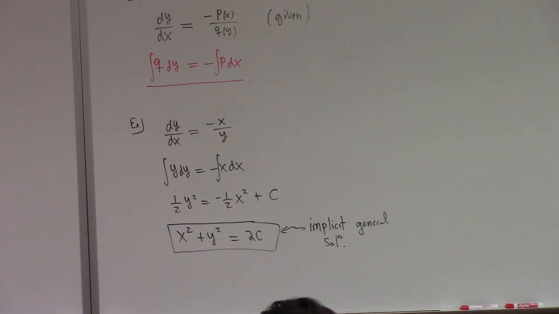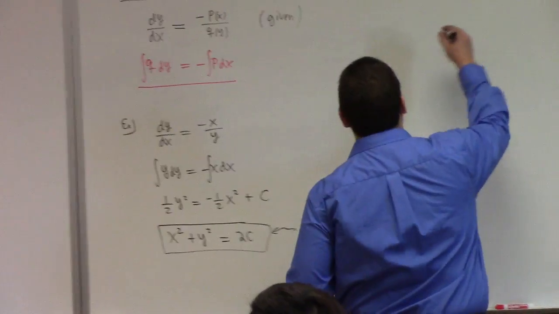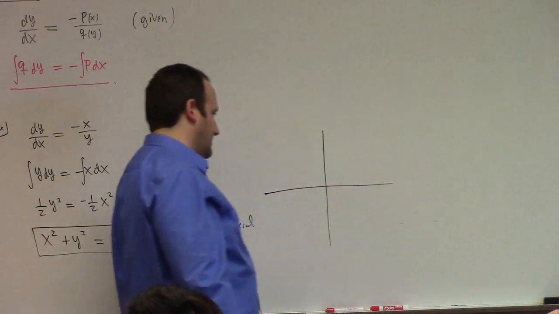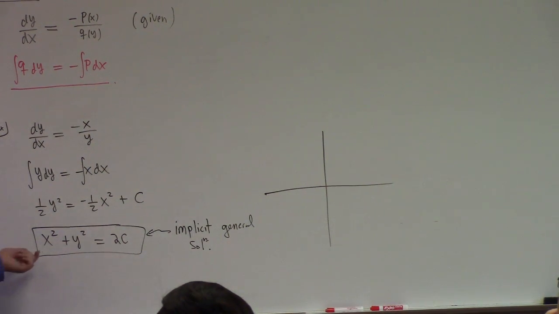What are those for different values of c? Come on, guys, what are these? Circles. How about if c is equal to minus 1? Yeah, it's not possible to take the sum of squares of two real numbers and get back minus 1.